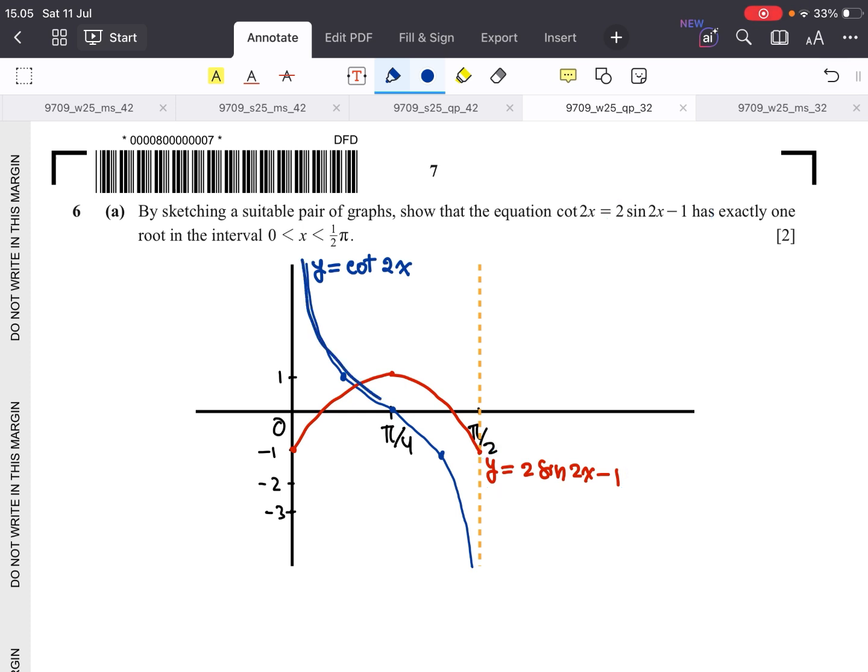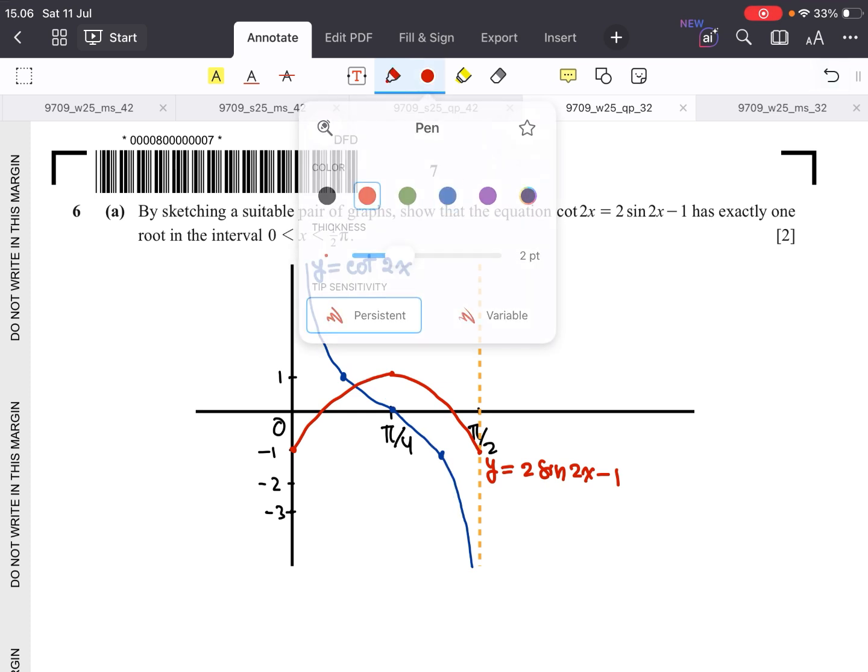This is the graph of cot 2x. You can check when x = π/4, cot(2 × π/4) is 0. And then this one is when x = π/8. So when you replace x with π/8, cot(2 × π/8) is 1. So this is the graph of y = cot 2x.